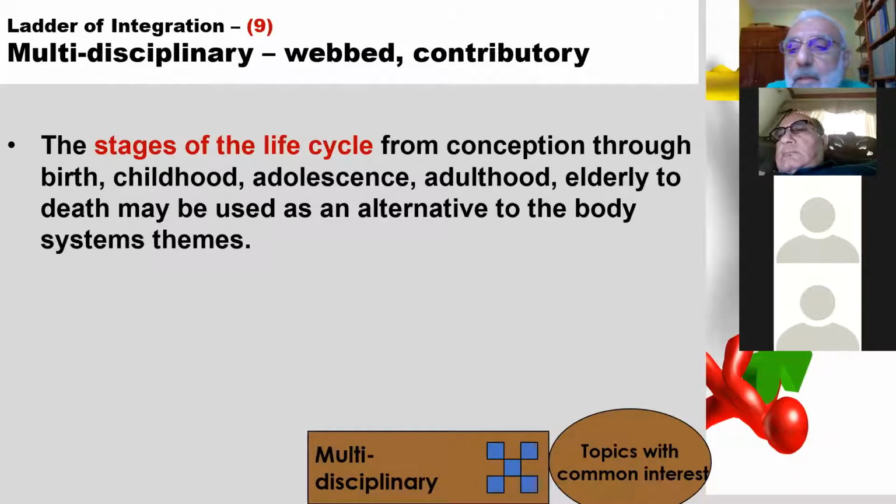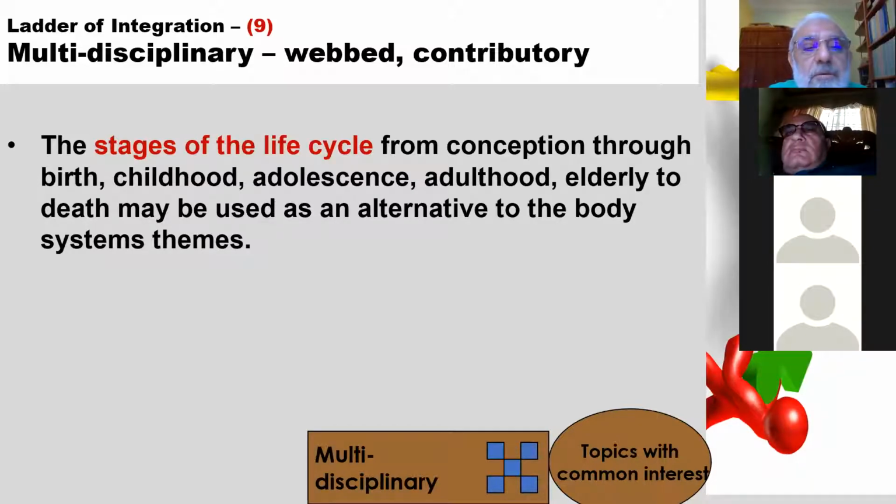The other way could be, one is body systems. Another suggestion is dividing the curriculum under the stages of life cycle. For example, from the conception to birth to a child to an adolescent and adulthood, so an elderly and death.